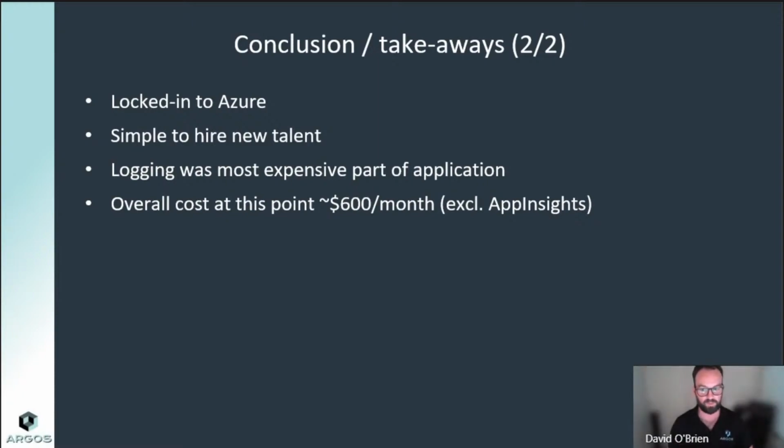Overall, however, with these numbers that I mentioned, at the moment, our application costs us around $600 a month, and that's excluding App Insights. Since writing these slides, which I did about a month ago or so, before we moved to the premium plan, we now expect our cost to go up by around somewhere between $300 and $400 a month, because the premium plan is more expensive and we need to scale using auto scaling.